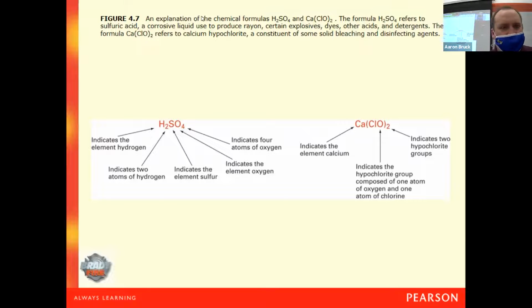Now, the other thing it also tells us, and this is kind of important, is that if I look at the structure of the substance itself, the way that that formula is constructed, we can reasonably assume that the sulfur and the four oxygens are related to each other. They're connected to each other in some kind of specific way.